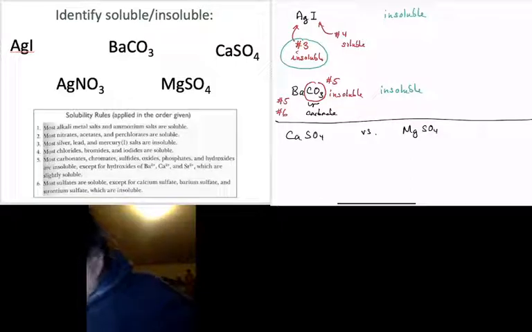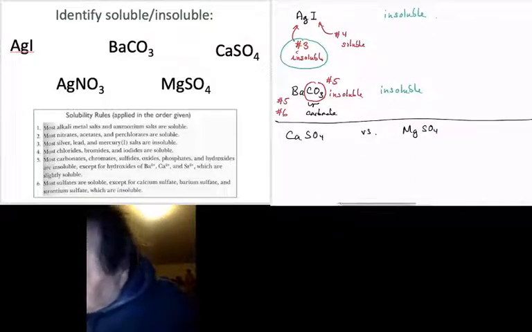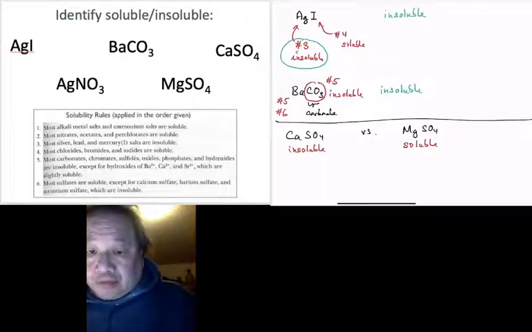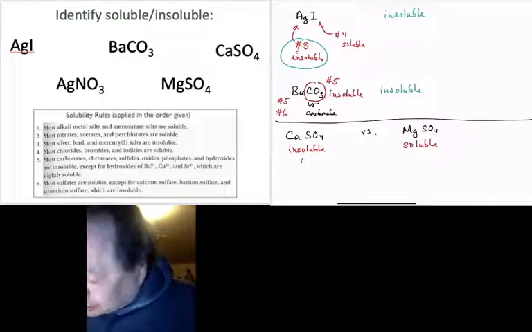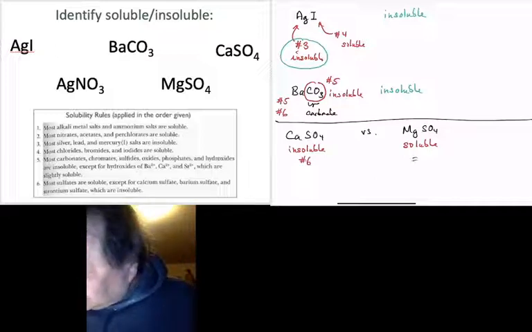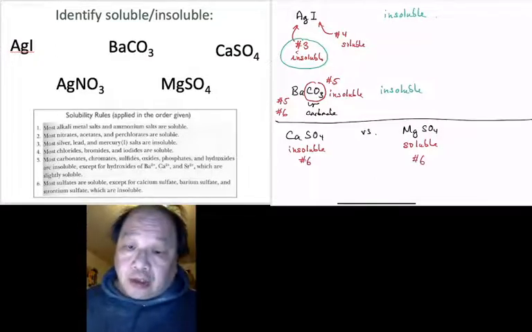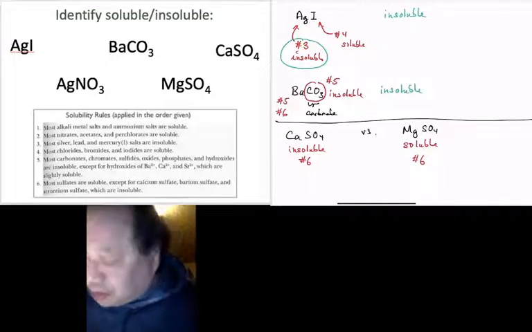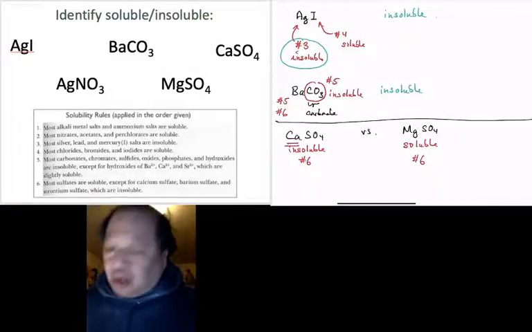First, I'll give you the answer. The soluble one of the two is the magnesium, and the insoluble one is the calcium. And they can be understood because if you look at rule number 6, number 6 tells us sulfates are soluble with the exception of calcium sulfate, barium sulfate, and strontium sulfate.